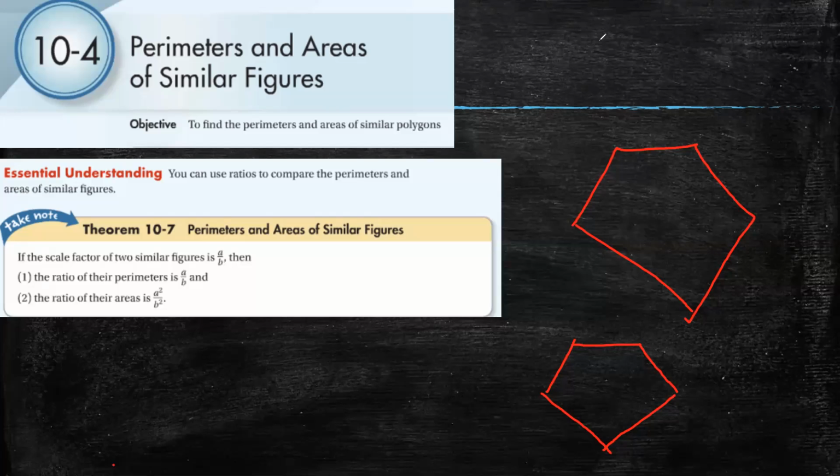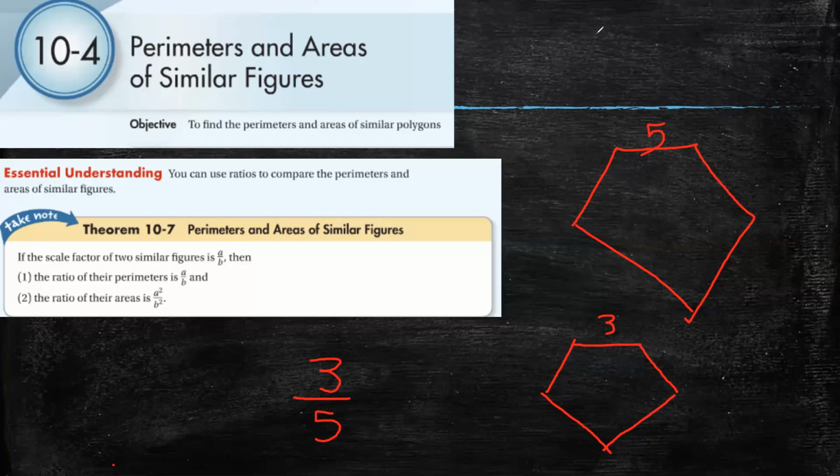This side is 3, and the side here is 5. Since the length of the small one is 3 and of the bigger one is 5, you will say that the scale factor here is 3/5.